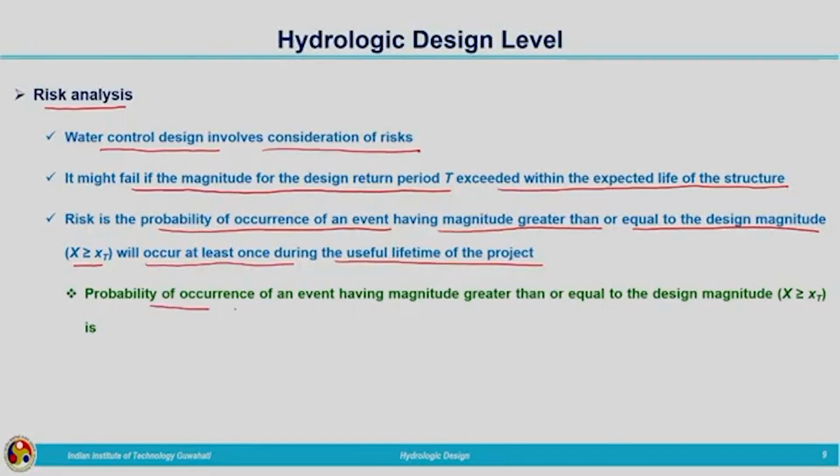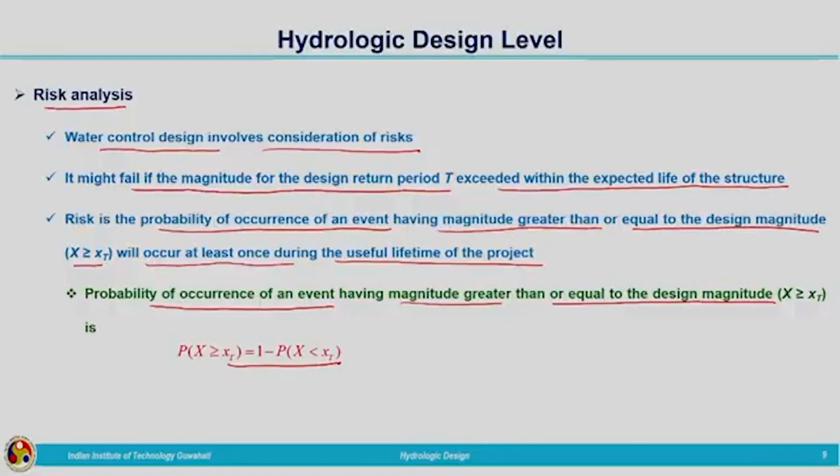So, the probability of occurrence of an event having magnitude greater than or equal to the design magnitude is calculated by making use of this formula. This we have discussed in the previous module related to hydrologic statistics: probability of capital X greater than or equal to x of T. x of T is the threshold value which we are fixing. The event can take a value which is beyond this x of T. That is what is represented by P(X greater than or equal to x of T), which is given by 1 minus P(X less than x of T).